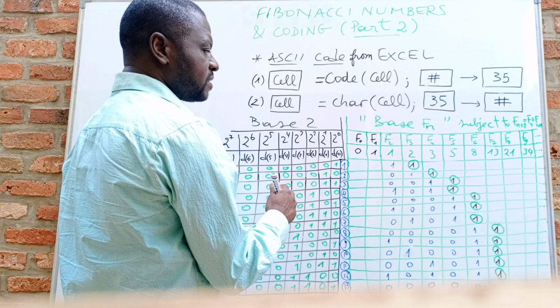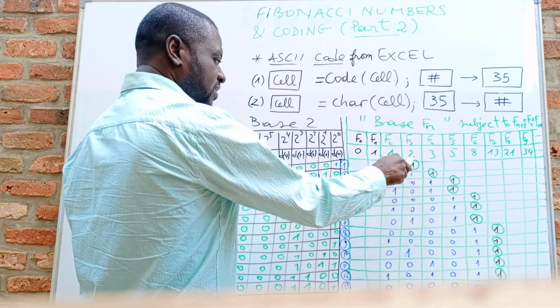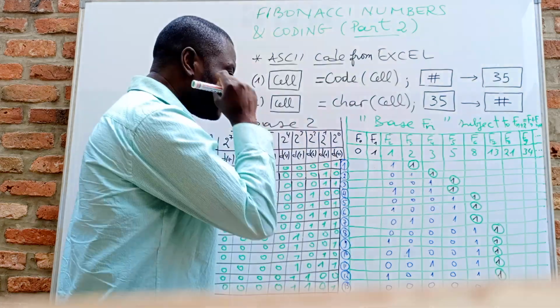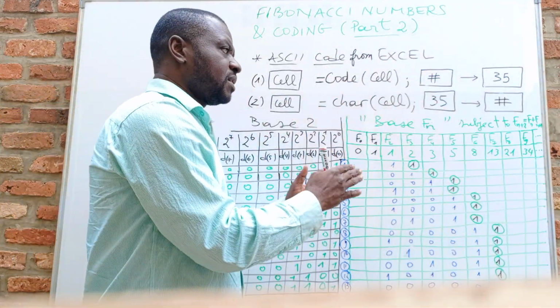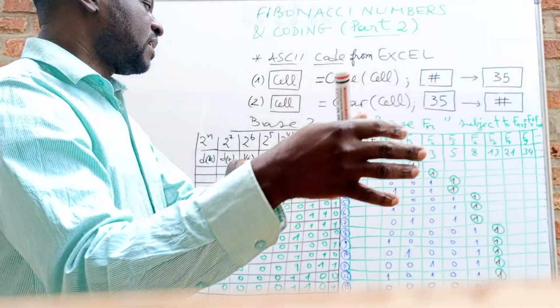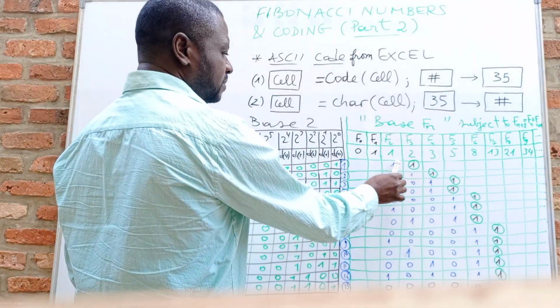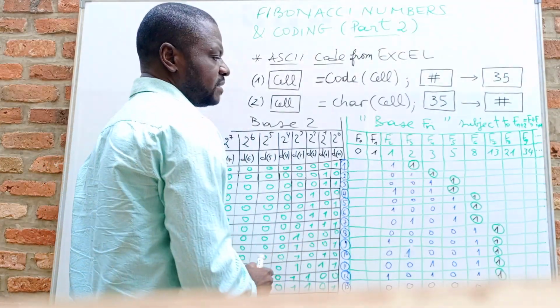Now, the last 1 is the one that is added in order to separate one symbol, one code, from another, from one number to another. So the code is this, and then you add 1.